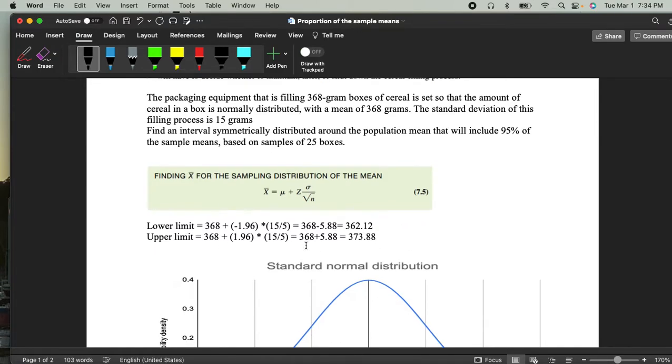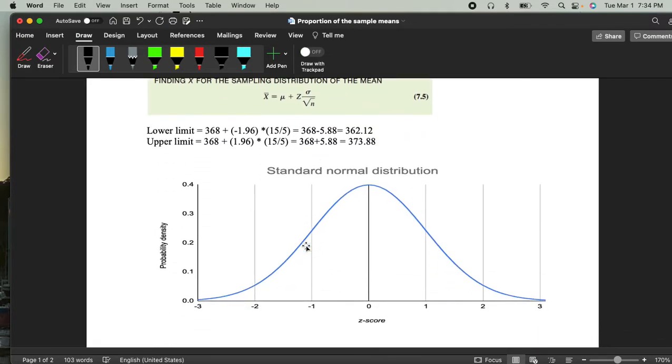All right, and this will be our upper limit and our lower limit. So let me just go back in here, and this is what we're talking about here, this area right over here.